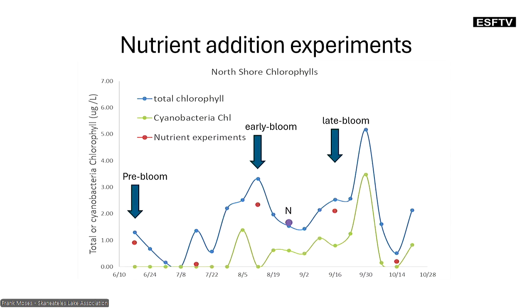This is the North Shore sampling. Total chlorophyll in blue, cyanobacteria chlorophyll in green. This is the same data that you saw before. The only thing is the red dots I have put on where we did the nutrient experiments. Now, recognize we did the nutrient experiments off the Ben Wiles Pier. This was sampled along the North Shore.